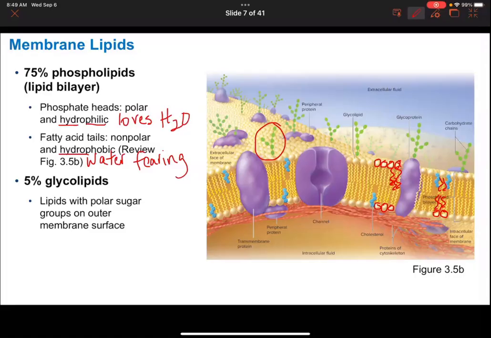These are usually used by other cells to recognize this cell in particular. The remaining 20% of the membrane lipids are cholesterol. And the cholesterol allows the membrane to have some stability and fluidity.